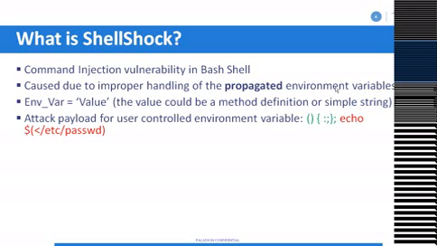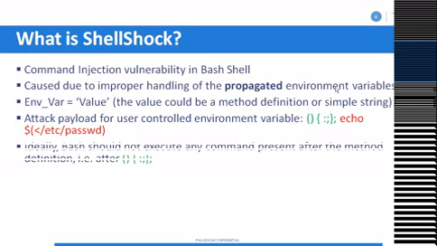Now, when an attacker sends a malicious payload, as shown on the screen here, which includes a command following the method definition, which ideally the environment variable is expected to understand, the Bash interpreter, the command interpreter, is not expecting such a payload.